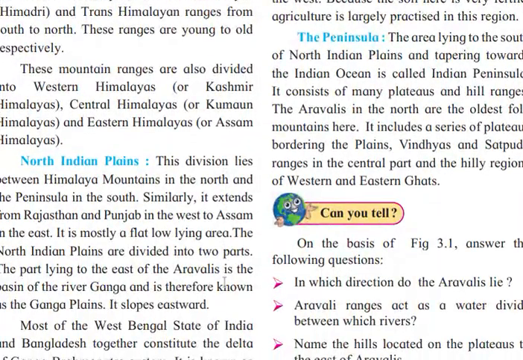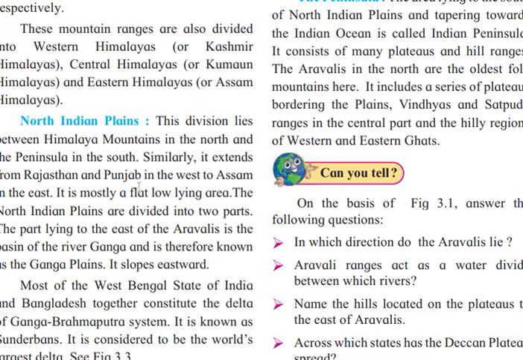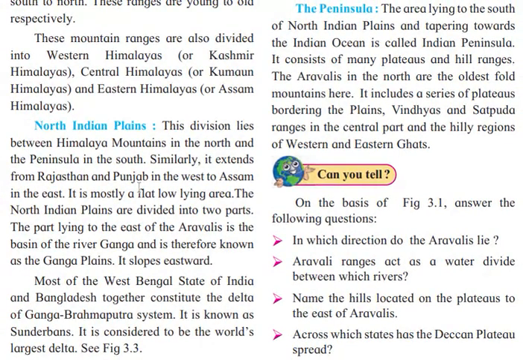Basically the division plains means nothing but the area which is very plain. There is no mountain, everything is plain, and this division lies between the Himalayan mountains in the north and the peninsula in the south.